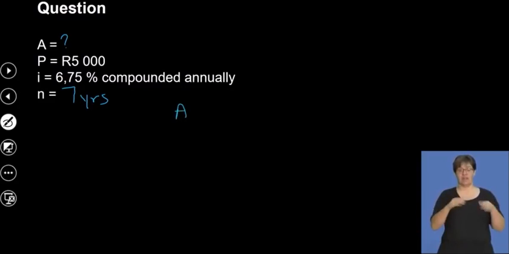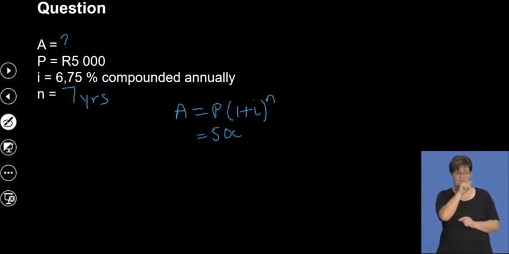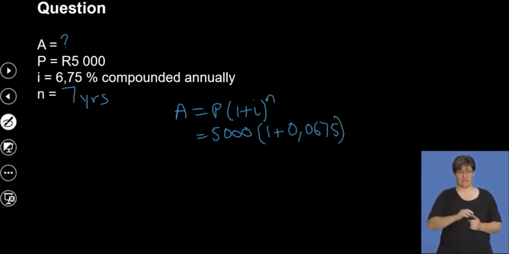Now we always start with our formula: 1 plus i to the exponent of n. Sergio invested 5,000 into 1 plus, and the bank was offering him 0.0675, and this was for a duration of 7 years.